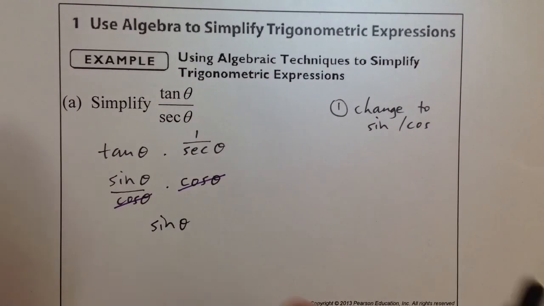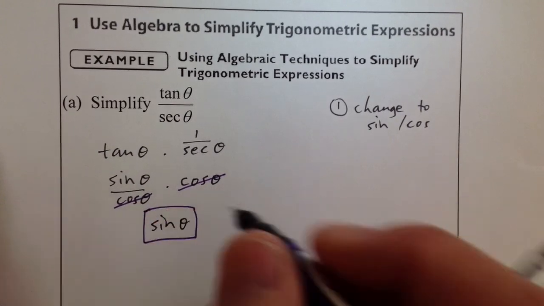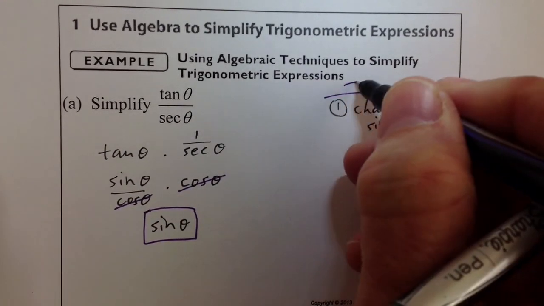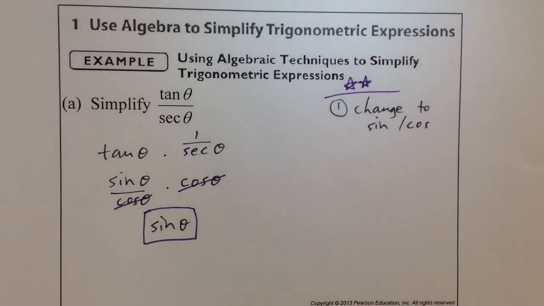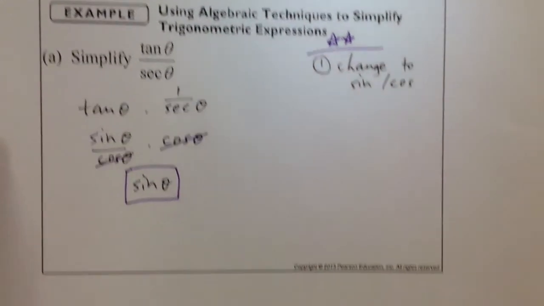Okay, that's it. So if we use our rule of thumb, the important stuff to remember is just change to sine and cosine, and many times things just fall into place. So that's one rule of thumb there.